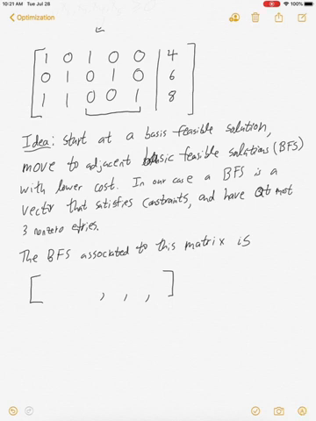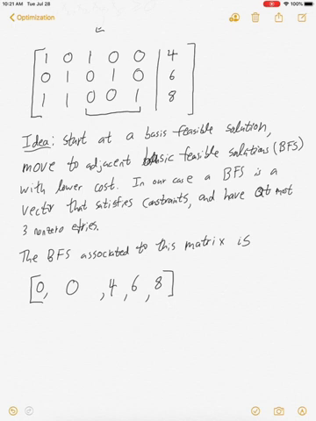And we look at the first row of the identity matrix, and the associated entry there is 4. Right? Then for the second row of the identity matrix, we see a 6 in the column that we added, and for the third row, we see an 8. And then we put zeros in the other positions. So basically, we just wrote down the simplest basic feasible solution that we could find, right?